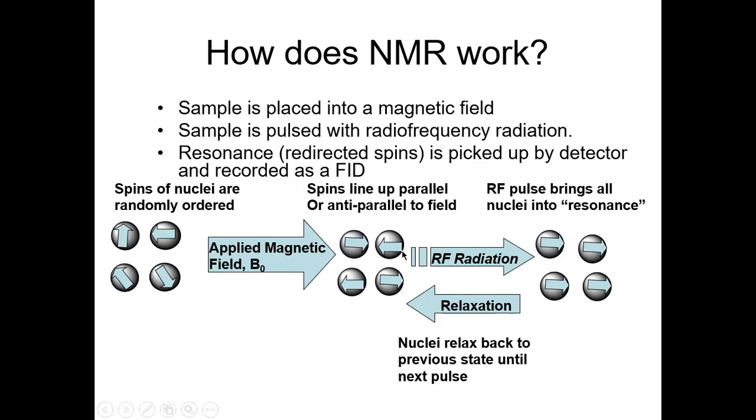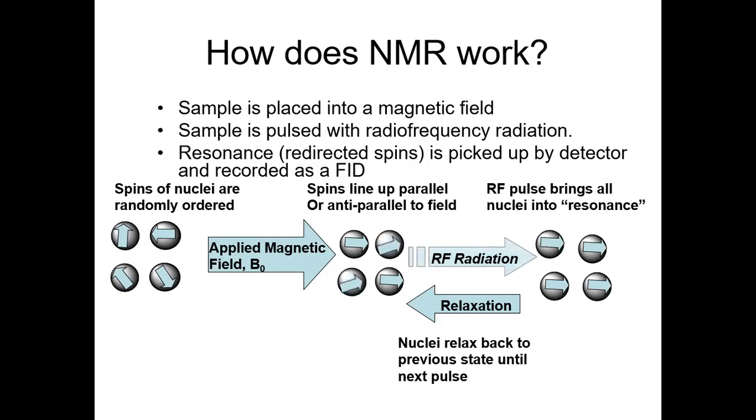Other proton nuclei, the spins of the magnetic field, line up against the applied magnetic field. So then they're no longer random. They're either going with the field or against the field. So the ones that are going against the field, you basically pulse them with radio frequency radiation, and they line up with the field, right?